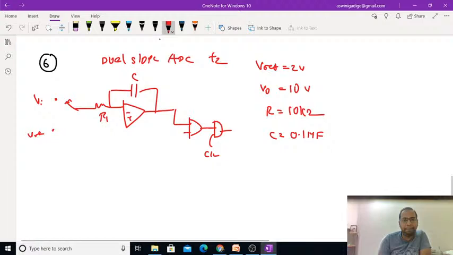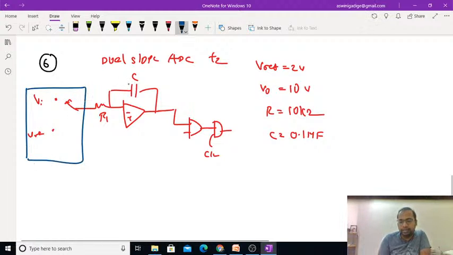One switch is continuously connected between the input voltage and the reference voltage. That is the speciality of the dual slope ADC. Now this voltage is 10 volts and this is 2 volts, R is 10k and C is 0.1 microfarads.